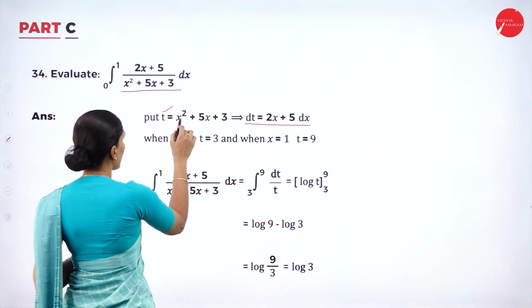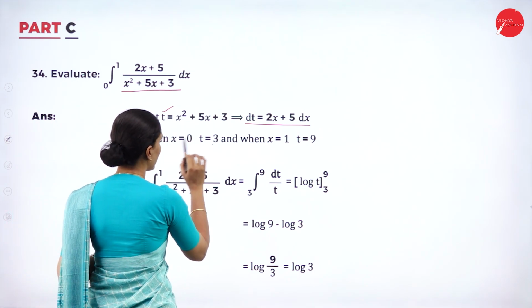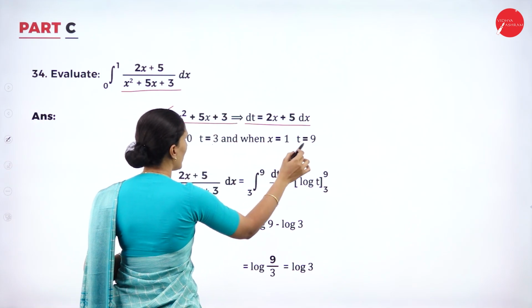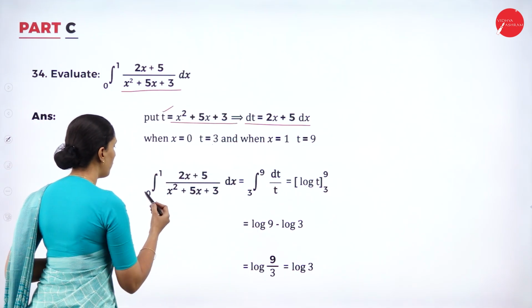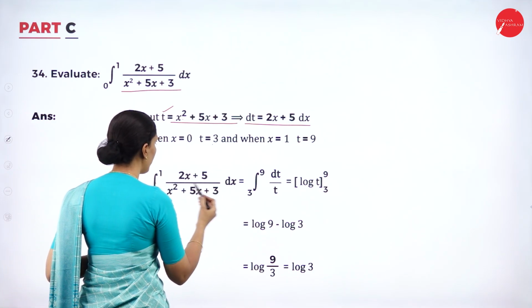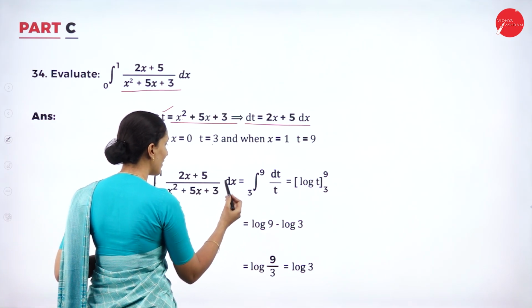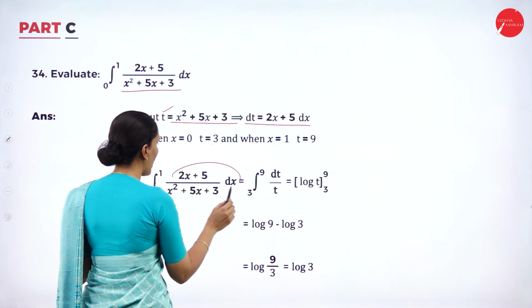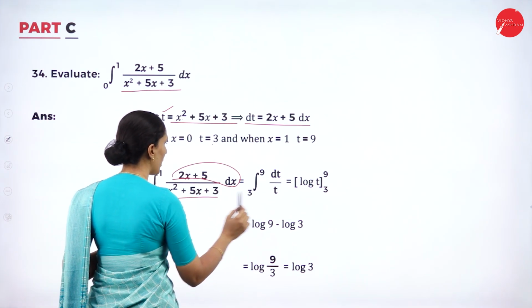When you take x is equal to 0 here, t is 3, and when you take x is equal to 1 in the given equation, you will get t is equal to 9. So, therefore, the integral from 0 to 1 of 2x plus 5 divided by x square plus 5x plus 3 into dx can be written as the integral from 3 to 9, and this entire numerator is dt, the denominator is t.